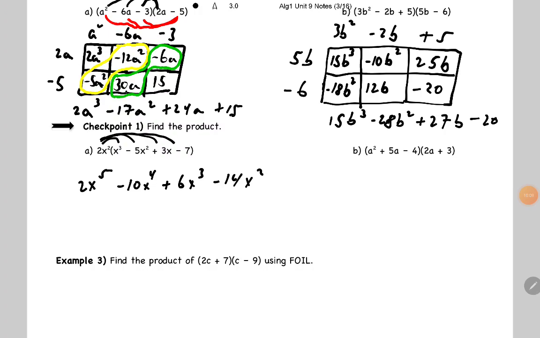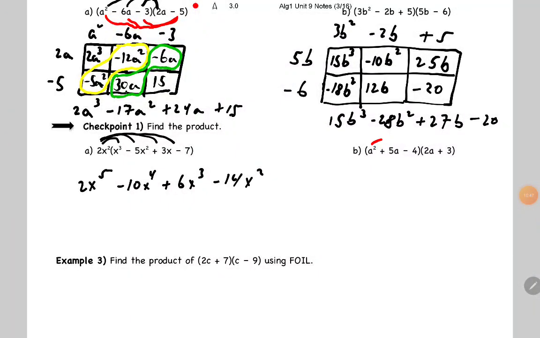Alright, part B. Let's do it using the distributive property. So I'm going to do it like this. I have a squared times 2a, and then a squared times 3. And then I'm going to do 5a times 2a, 5a times 3. And then lastly, negative 4 times 2a, negative 4 times 3. Let's use colors instead.